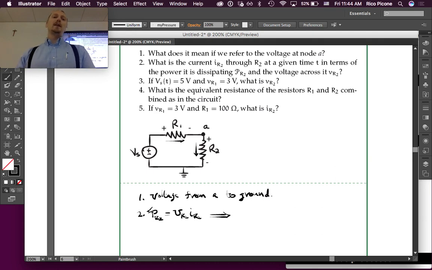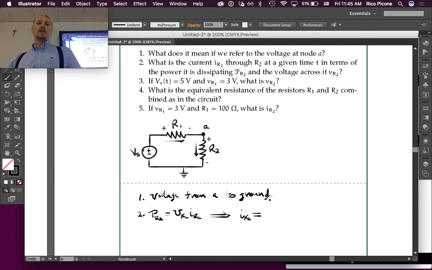So we happen to know the power. It was given. Well, we want to know what the answer is in terms of power, so we don't need to worry about that parameter. That's a known parameter, even though it's not specified. And the voltage across VR2 is also kind of given in this problem. So what I want is I in terms of P and V. And so we literally just have to solve this simple algebraic equation.